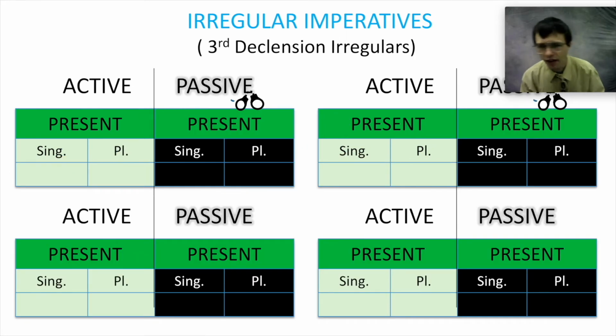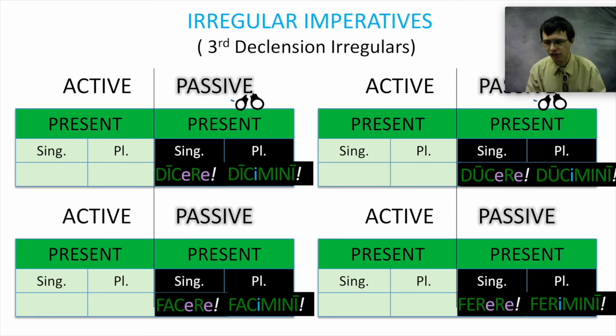And then the final group of irregulars is deek, duke, fak, and fair. Now, the passive forms are completely what you would expect for these. So deekeret, deekimini, be spoken, dukeret, dukimini, be led, fakeret, fakimini, be made, and fereret, ferimini, be brought.